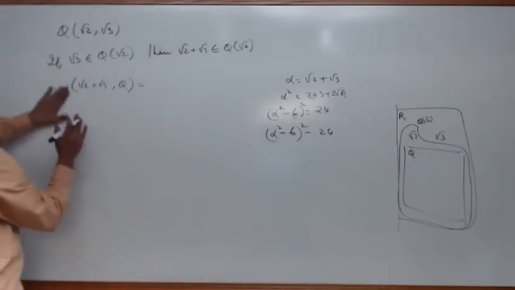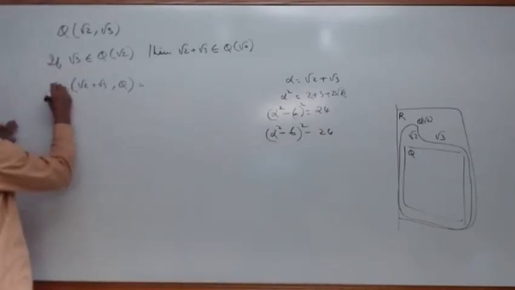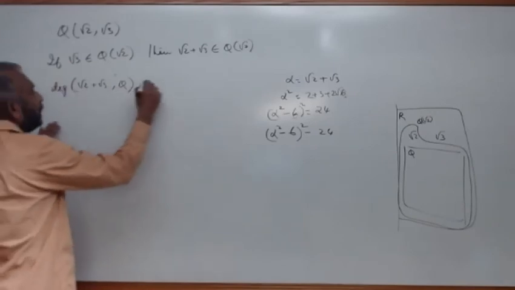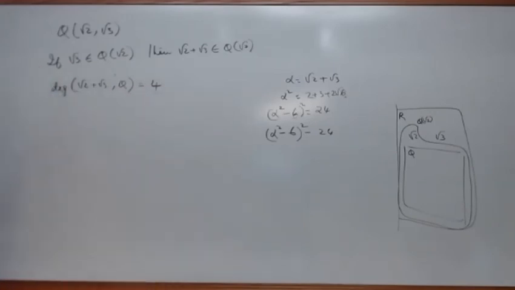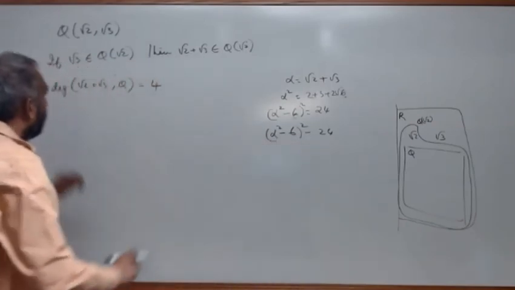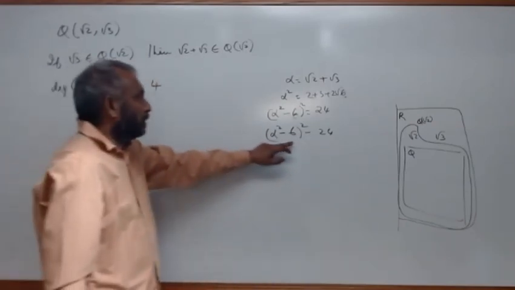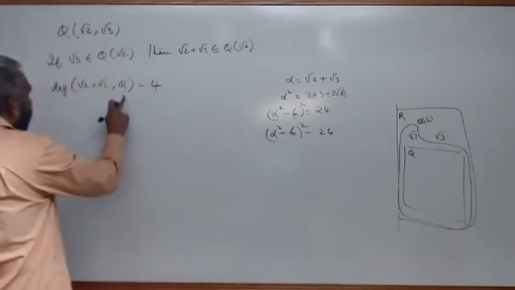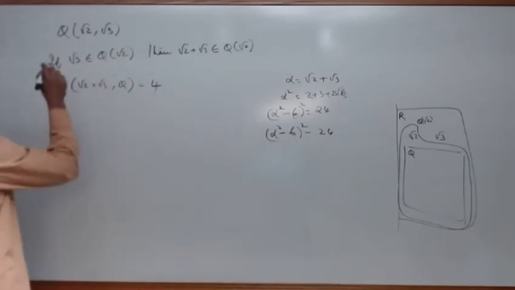So we can say the degree of this is 4. I'm not going to expand and try to find the exact value, but definitely it is a degree of 4.